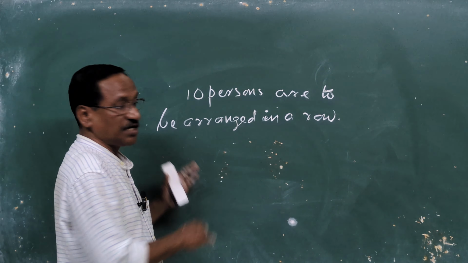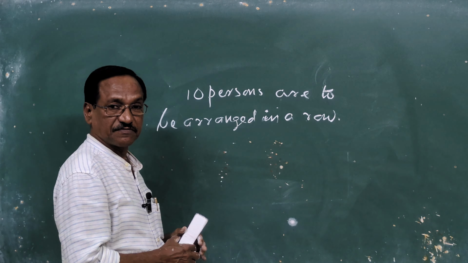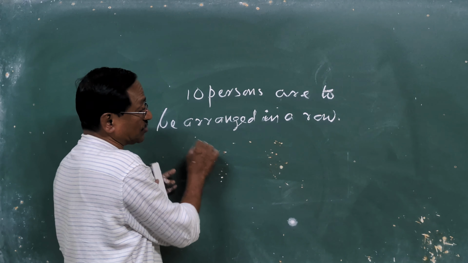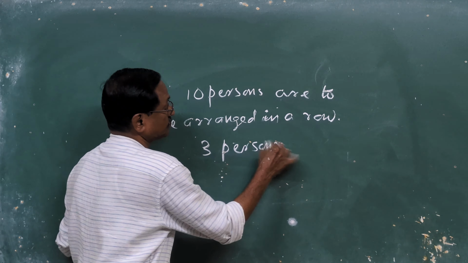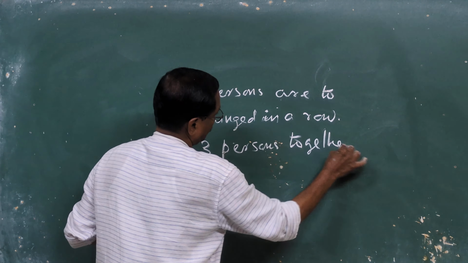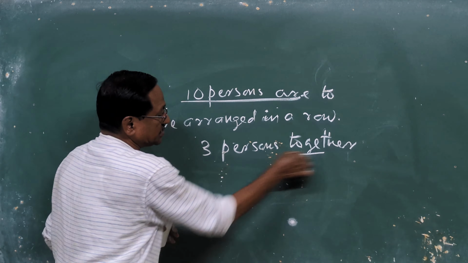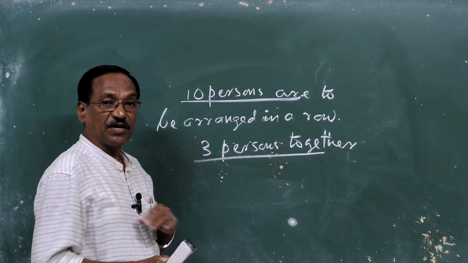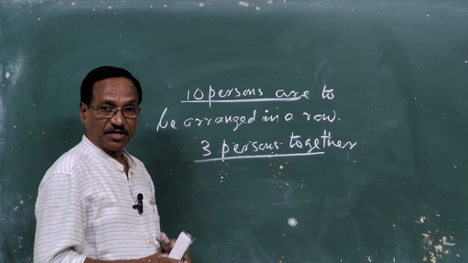So the question is, in how many different ways we can arrange these 10 persons, keeping the 3 persons together always? Ten persons are to be arranged, but 3 persons are always to be together.